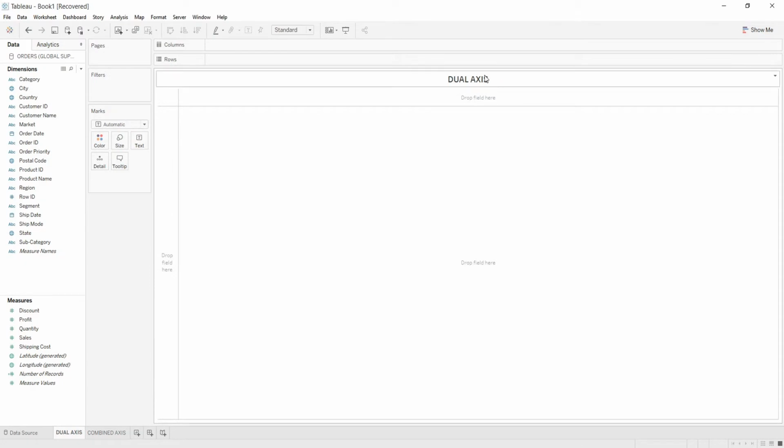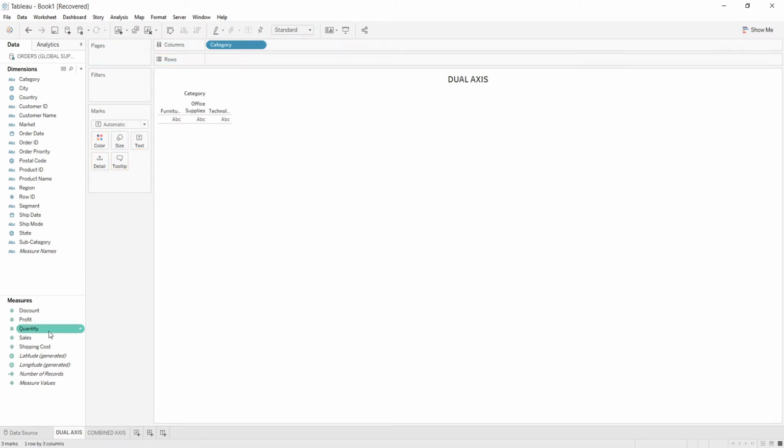For implementing a dual axis chart, we have been connected with Tableau, and the dataset is Global Superstore data. For this data, we need to compare sales and profit for each category so that we can focus on each category accordingly. So we need to drag category towards column and sum of sales toward rows.